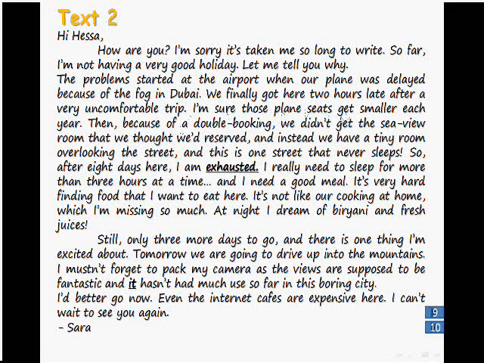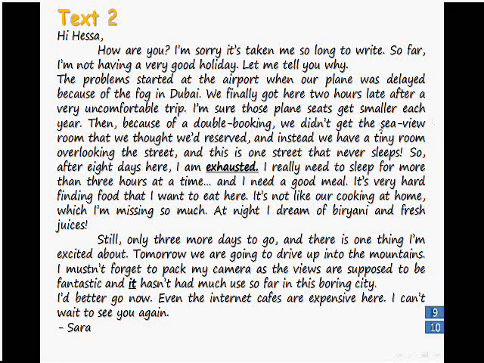You see the first problem was in the airport. We don't care about that. And then the second problem is that the seats were smaller in the plane. Then there is also another problem of double booking, and they didn't get the sea view room in the hotel. So from here we start to have the problem in the hotel.